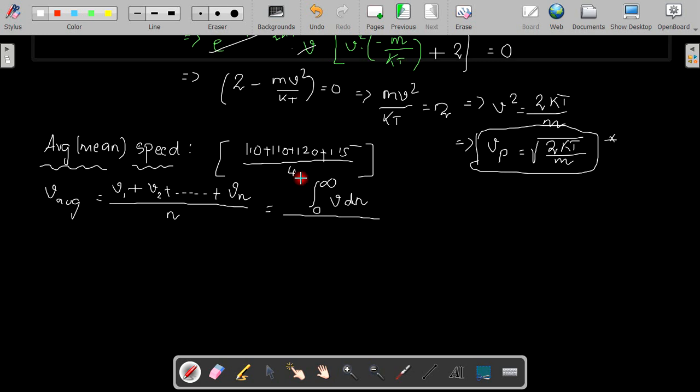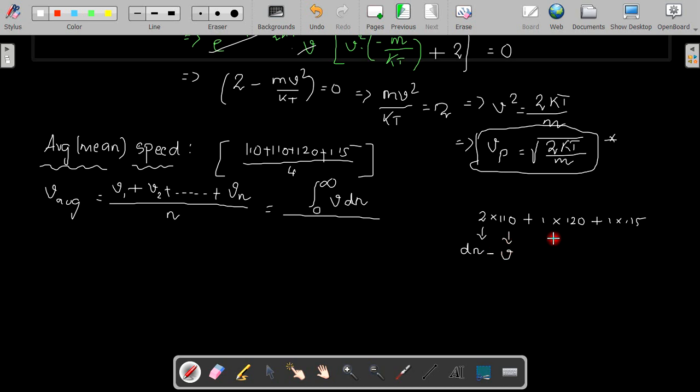If there are, suppose for this particular example, we can consider 2 into 110 plus 1 into 120 plus 1 into 115. So how many particles? 2. So that's n, and that's a small number of particles. So let's take dn. What is the speed? V. So v into dn.